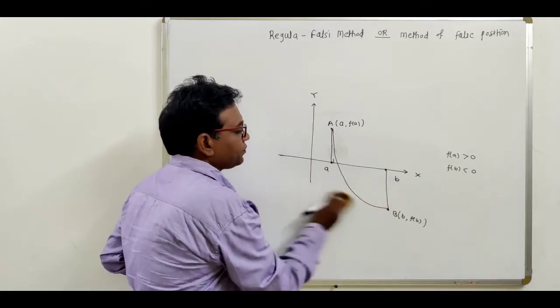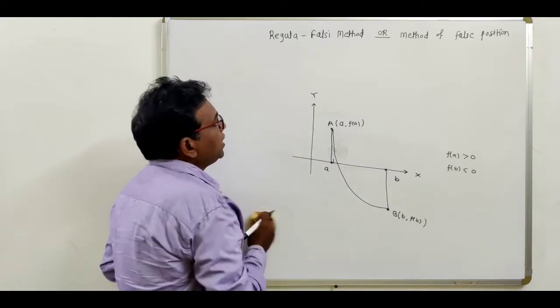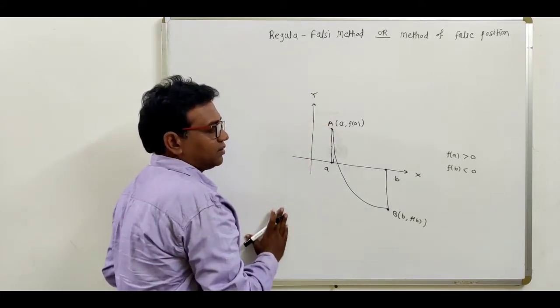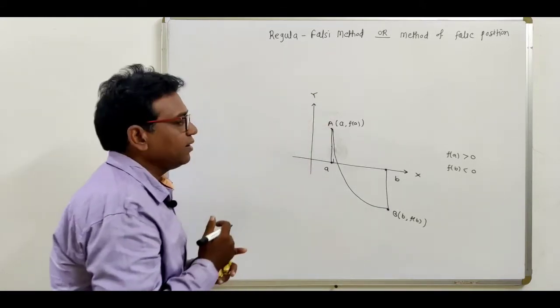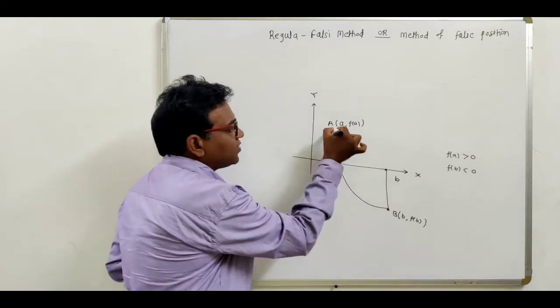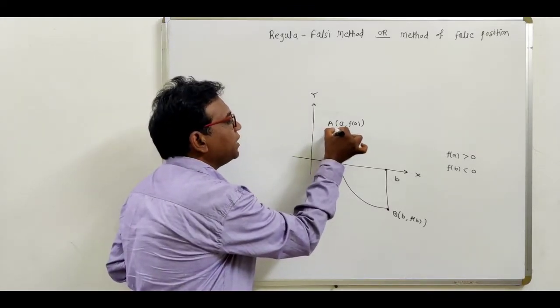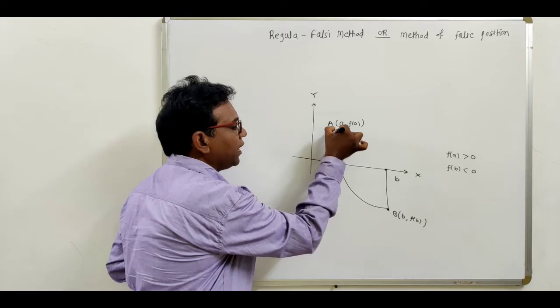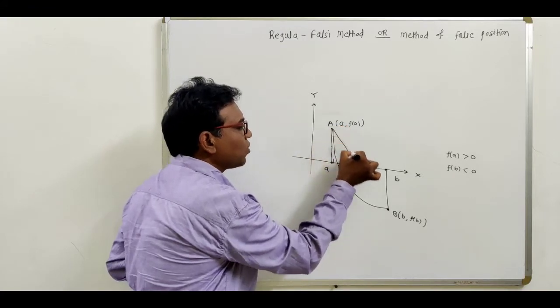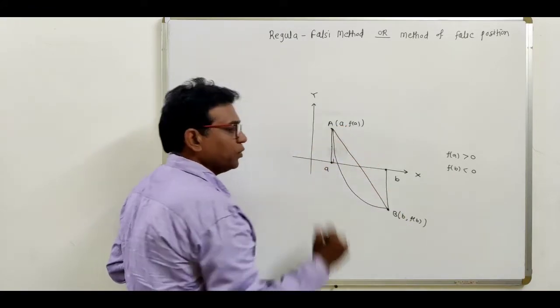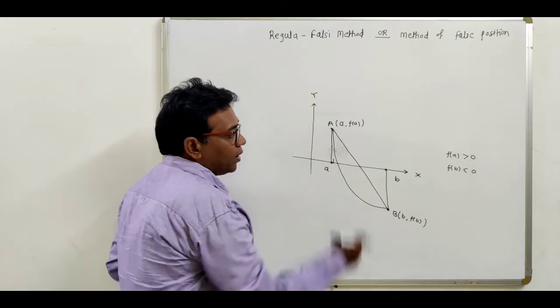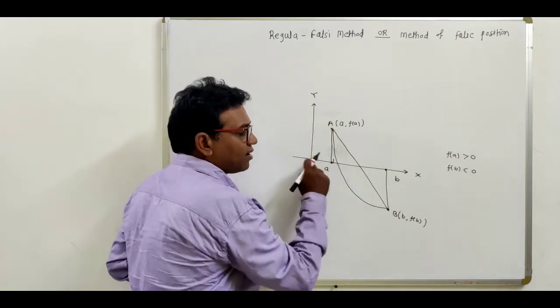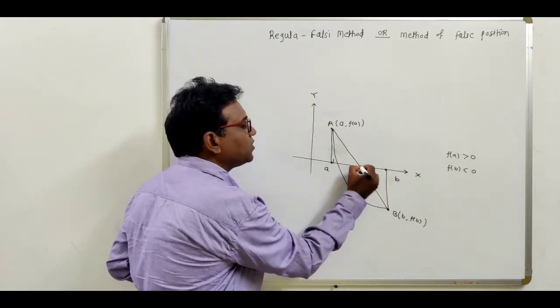Now see, in the regula falsi method, what we do here is that we consider this chord AB, joining these 2 points a to b. Now this line cuts the x-axis at this point.